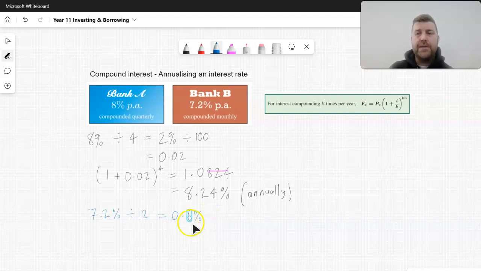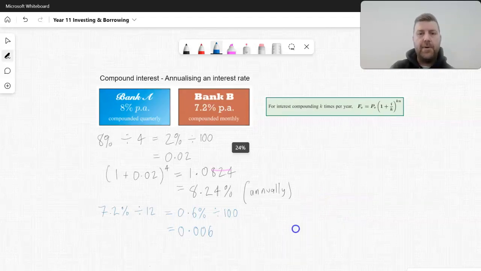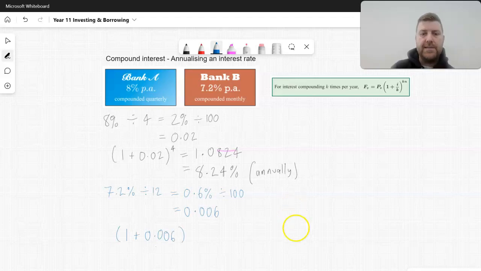What I need to do is still convert that to a decimal by dividing that by 100, which takes it to 0.006. Then I'm going to put that into the multiplier like we did in the first example. So then it becomes 1 plus 0.006, in this case, to the power of 12.